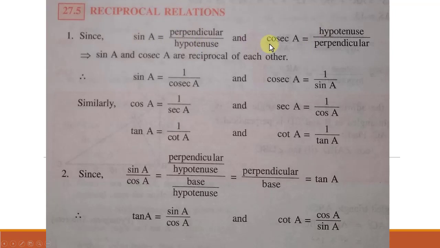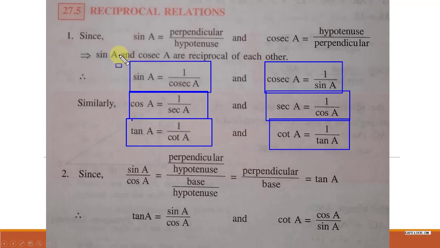That's why sine A is equal to 1 by cosec A and cosec A is equal to 1 by sine A.